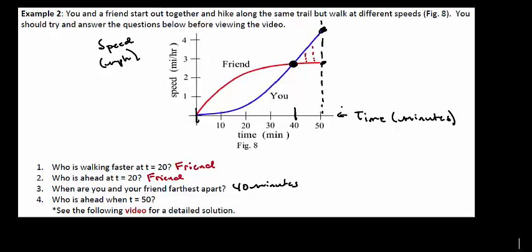Well, you had 10 minutes in which your speed was more than their speed. However, they had 40 minutes in which their speed was more than your speed. So, one, we can start to look at the areas underneath the curves, but if you look, we haven't had that long, right? This distance right here, it hasn't been that long for us to catch up to him. Okay, so your friend is likely still ahead.